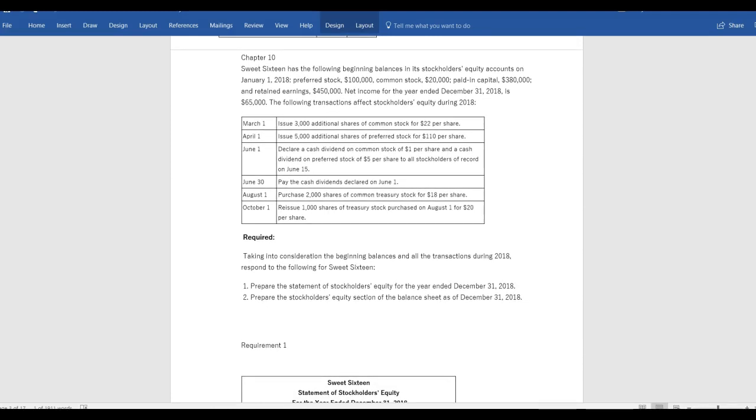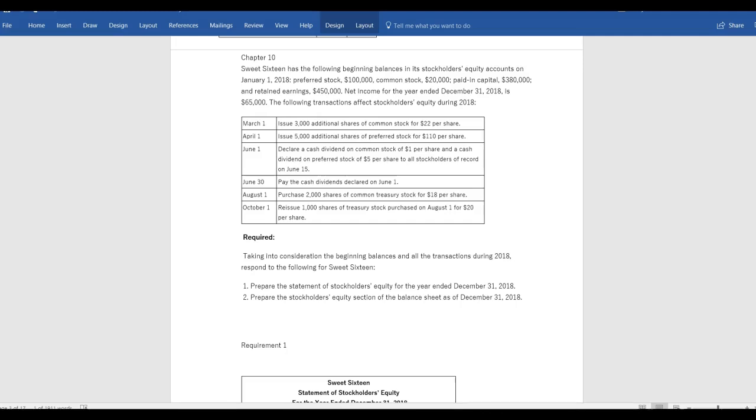Now, here's another one you may have. Suite 16 has the following beginning balances in its stockholders' equity accounts on January 1st. Preferred stock is $100,000, common stock is $20,000, paid in capital is $380,000, and retained earnings is $450,000.